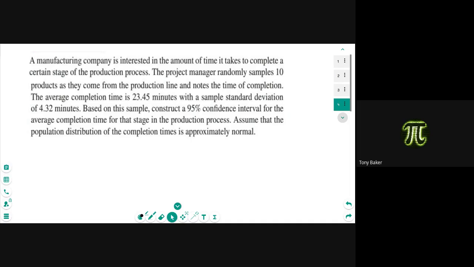Anybody know a mechanic that works in an auto shop? So when you work in an auto shop, every job has a set amount of time. So brakes should take an hour, or a transmission change takes 20 hours, things like that. That's what you charge the customer. However, if you finish it in a half hour, do you charge the customer a half hour? Nope, you still charge them the hour.